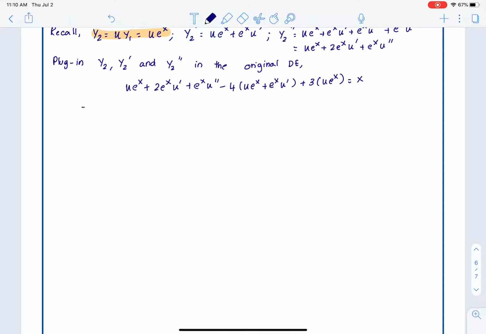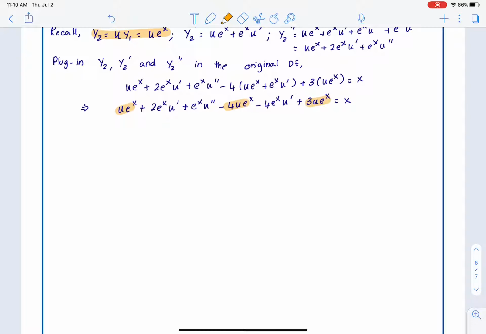So if we distribute and simplify, minus 4u e raised x minus 4 e raised x u prime plus 3u e raised x would equal x. Combining that term and that term, they would all cancel.